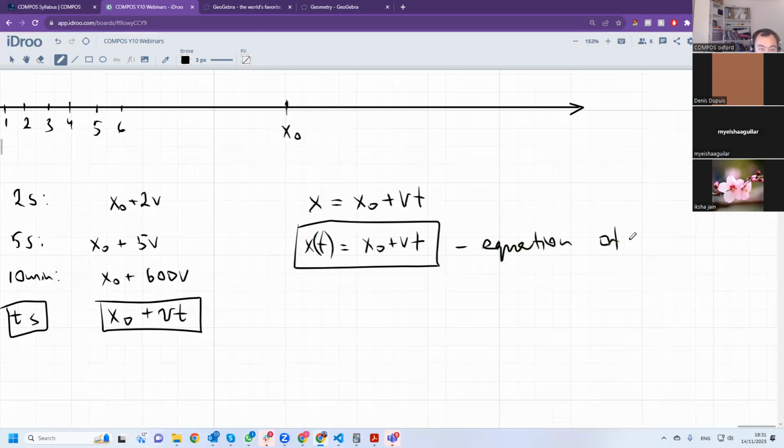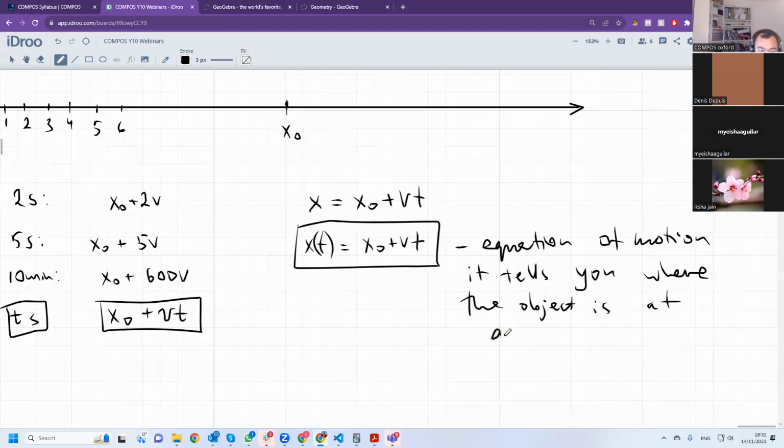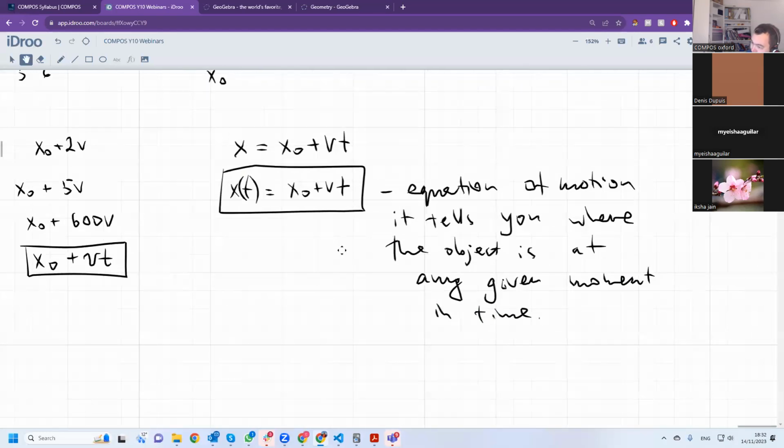Equation of motion. It tells you where the object is at any given moment in time. And this is the purpose of mechanics.